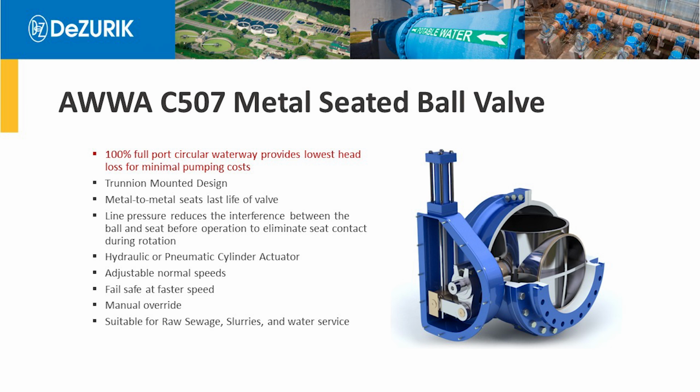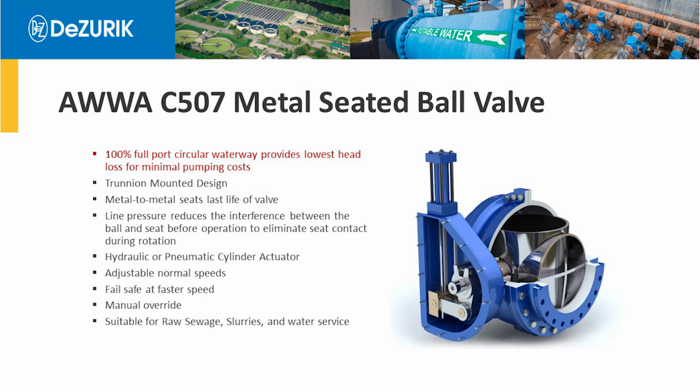That's when we start to consider valves like the AWWA C507 metal seated ball valve. It's a 100% port circular waterway, so that when that valve rotates to the open position, it's like looking down an open piece of pipe. So it's very, very efficient. But with these efficient valves, there's a lot higher initial cost associated with that efficiency.